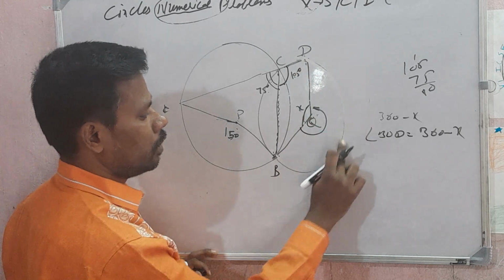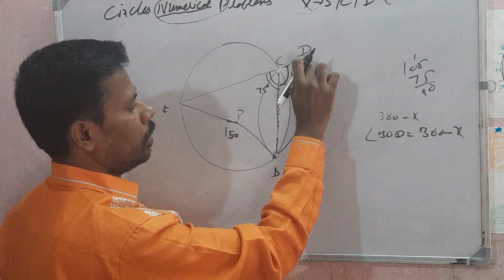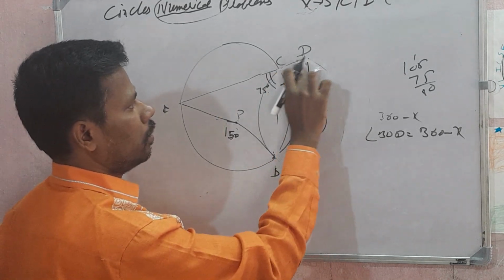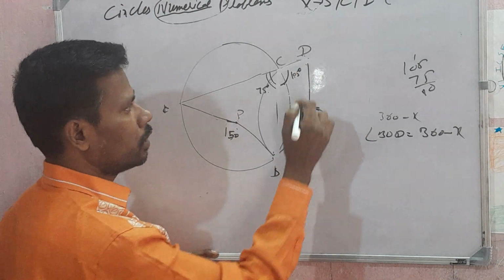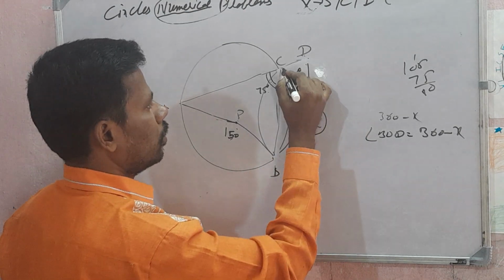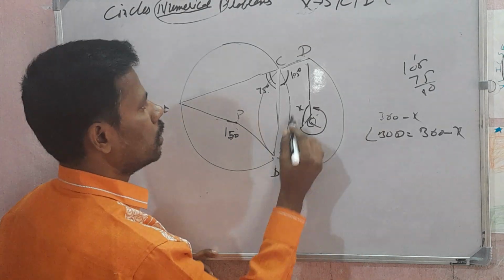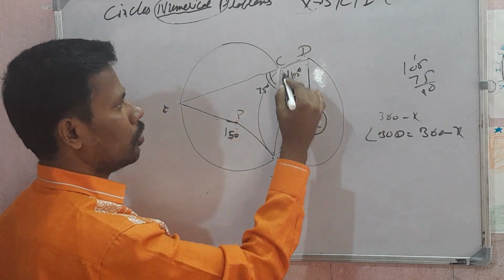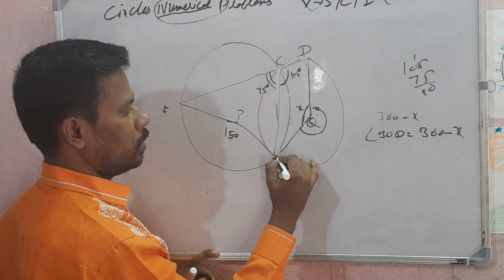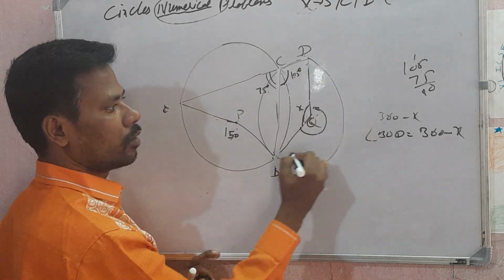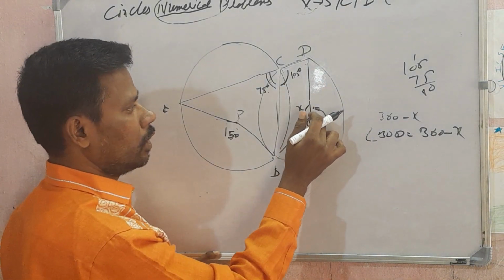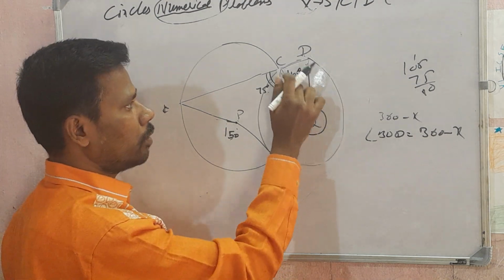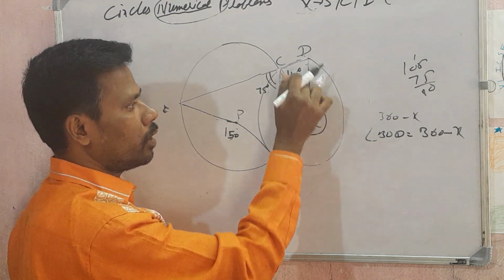See here, this angle and this angle are lying on the same arc, right? So the angle formed at the center of the circle is double the angle formed at any point on the remaining part of the circle.